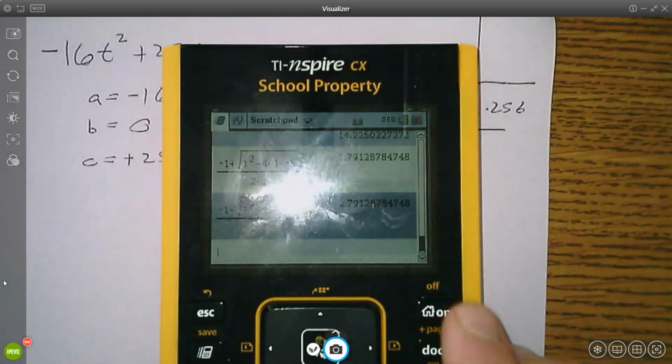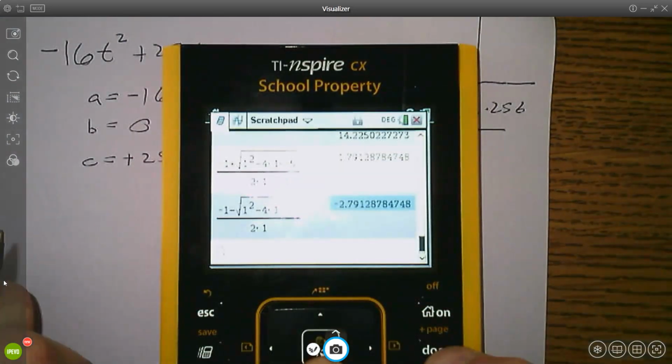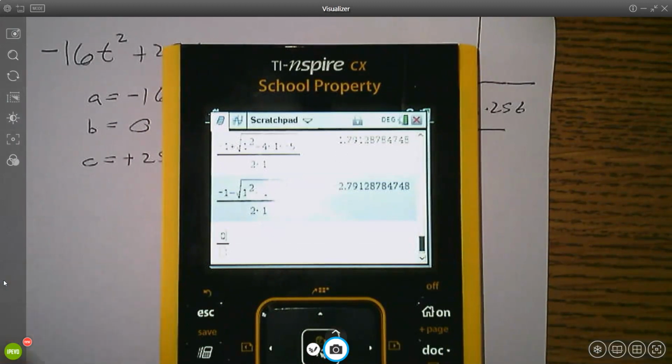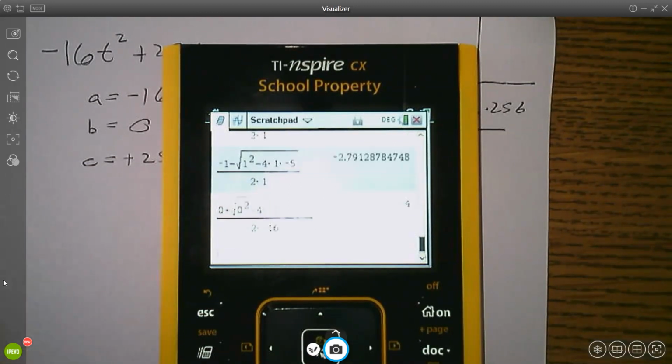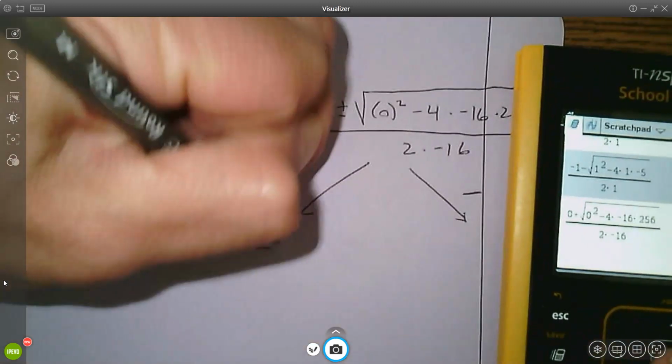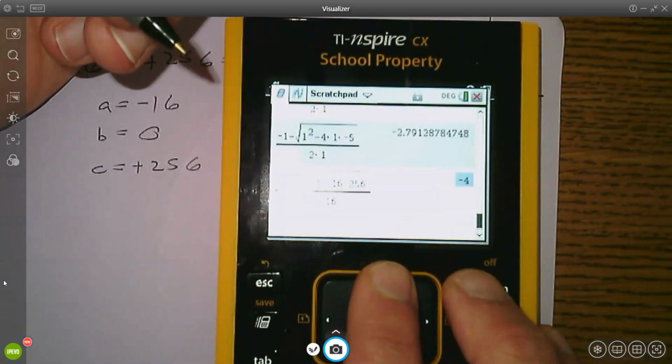All right, so to the calculator. 0 plus square root of 0 squared minus 4 times negative 16 times 256 divided by 2 times negative 16, negative 4. We do a little copy paste.